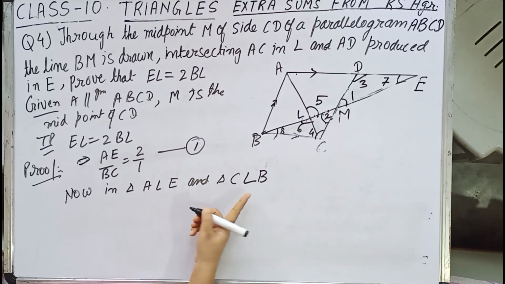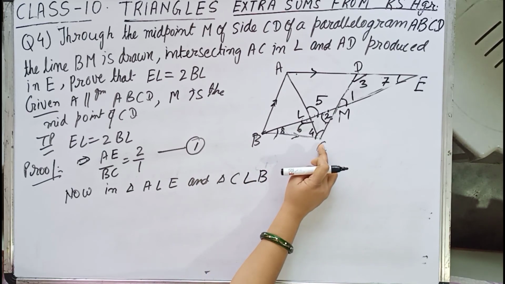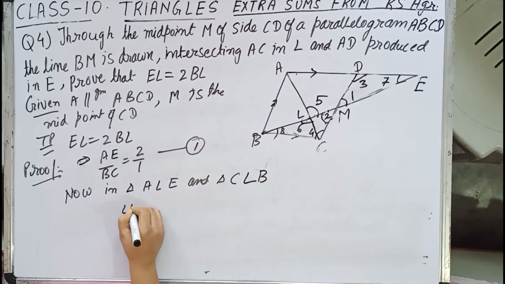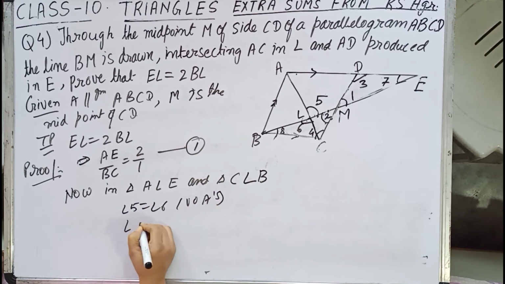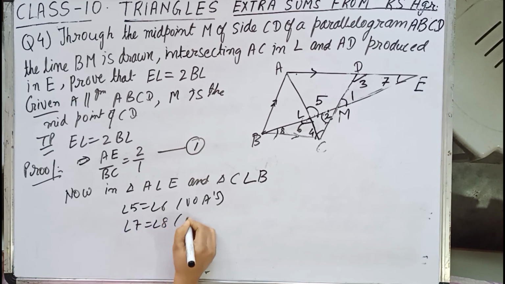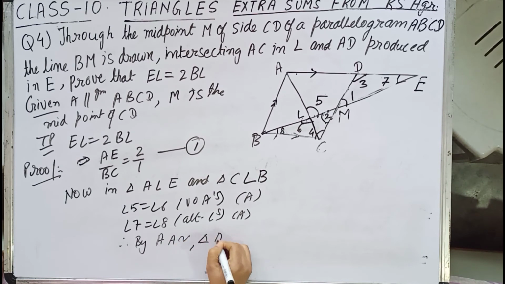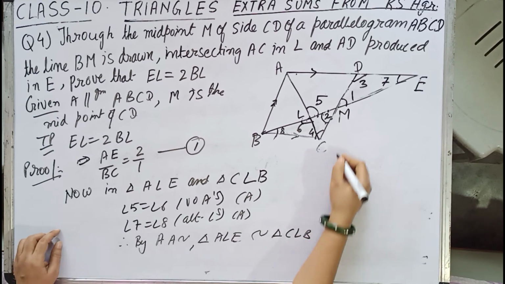So in triangle ALE and in triangle CLB, angle 5 equals angle 6, vertically opposite angles. Angle 7 equals angle 8, alternate angles. Therefore by AA similarity, triangle ALE is similar to triangle CLB. Now once they are similar, their sides will be in proportion.